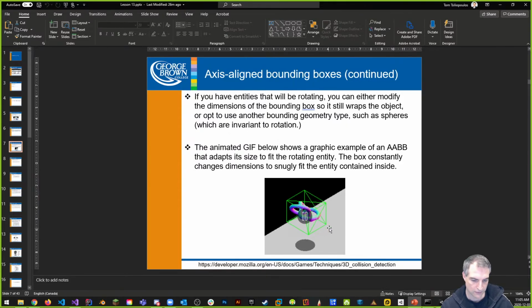Again, this is less computationally expensive than trying to use something like a bounding volume that would be object oriented. So an OOBB or an OBB, object oriented bounding box or bounding volume. Okay, so this is a little easier than that. So I recommend it for our assignment.